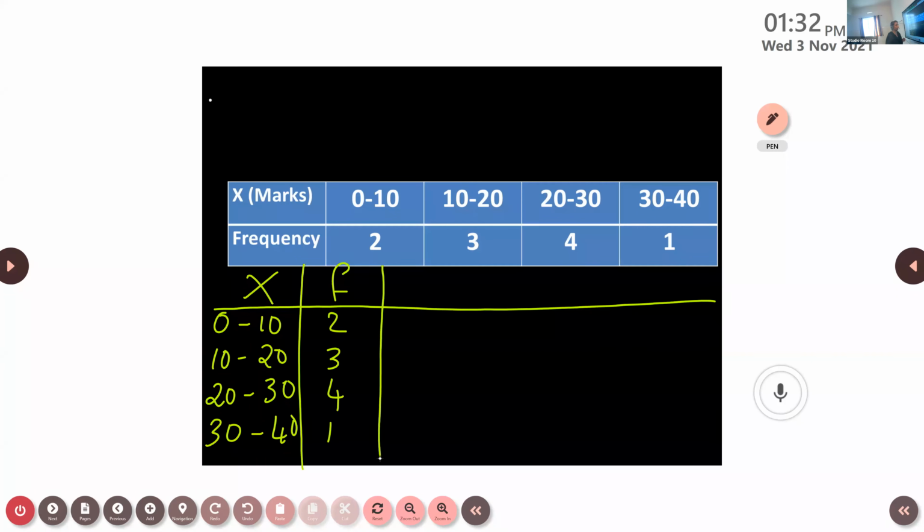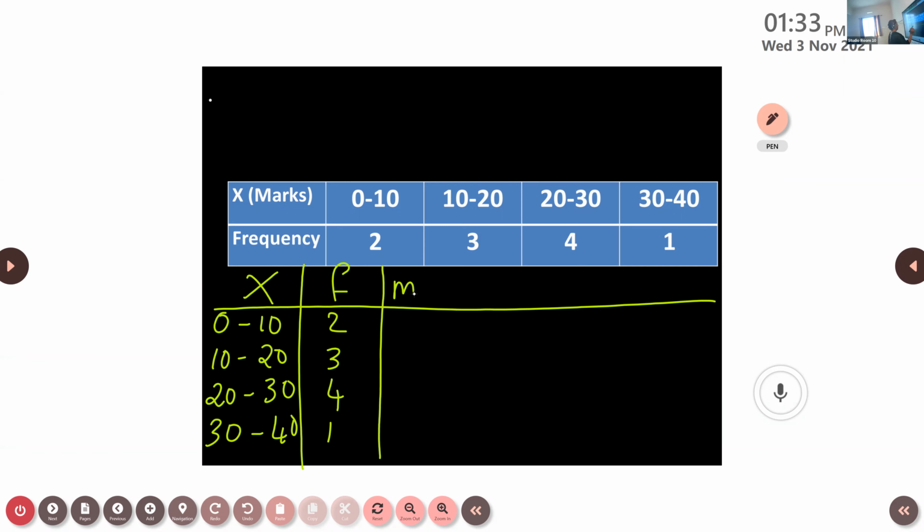What should be the next column now? M. So find out M now. Pranav, what is the first one?